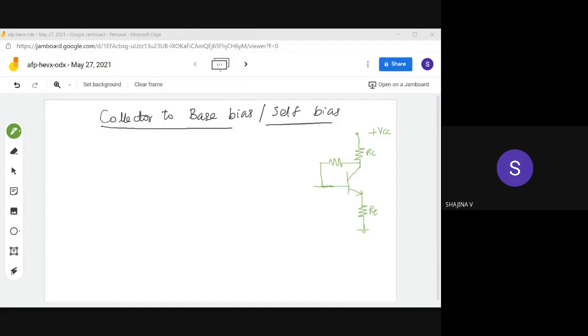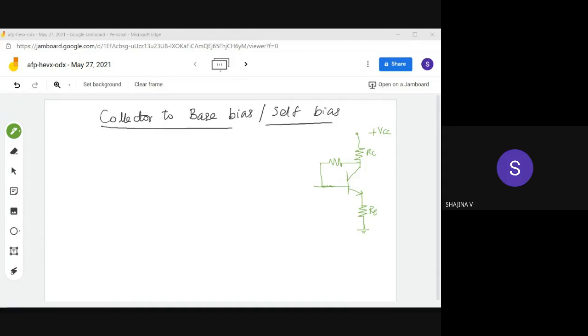Okay, so from this equation I can write minus DIB by DIC. I am taking minus DIB by DIC from all these terms. So inside I can get RC plus RB plus RE. Okay, it is equal to RE plus RC. I am taking these two terms towards right. So it is equal to RE plus RC.